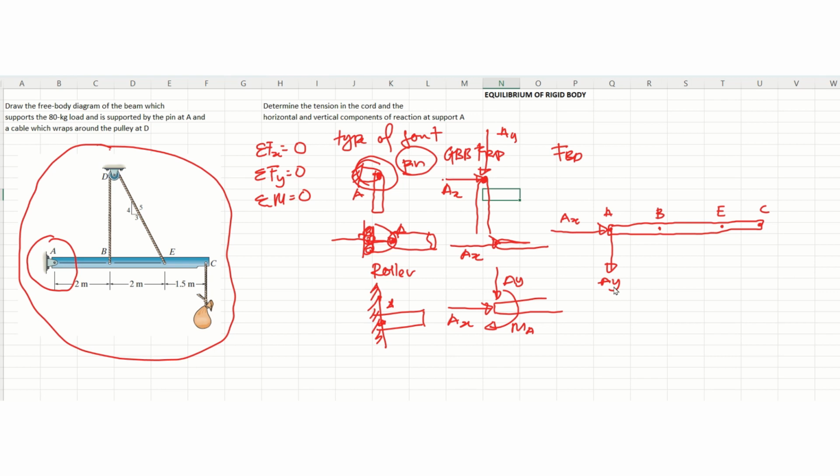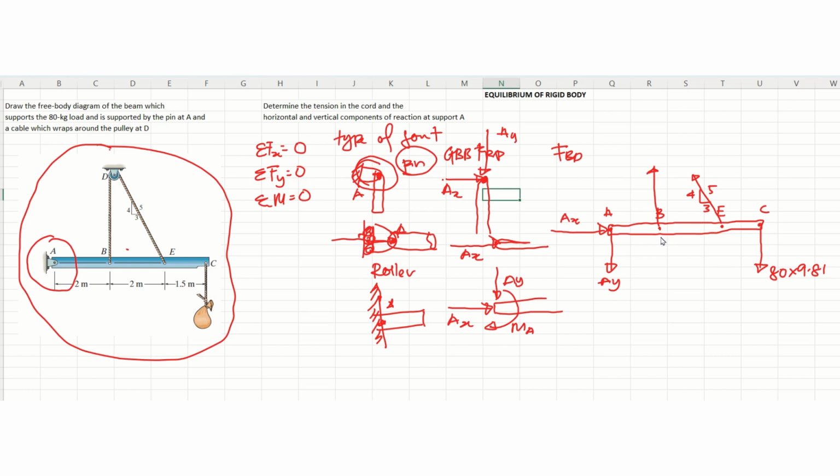If our result is minus, that means our assumption of direction AX is wrong. Then at B, the cable, only one. Then the other one at E is like this, with the ratio 3, 4, 5. Then at C, the force below is 80 times 9.81, and the dimensions are 2 meters, 2 meters, 2 meters.